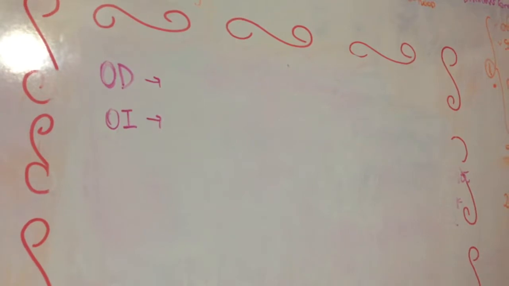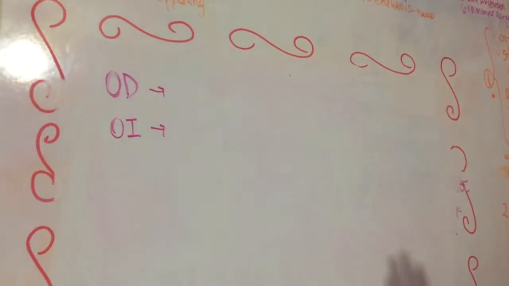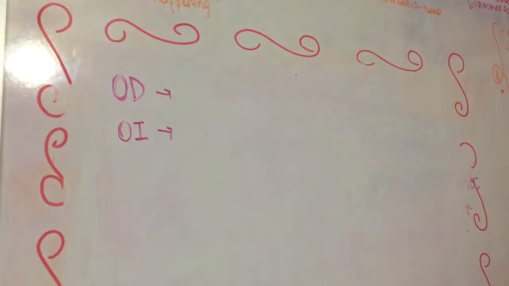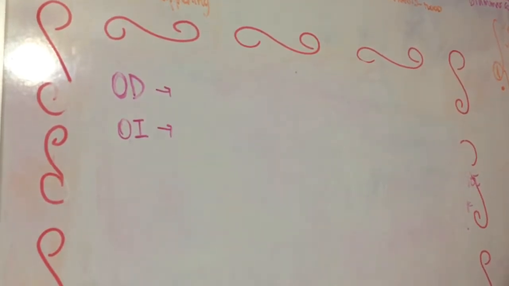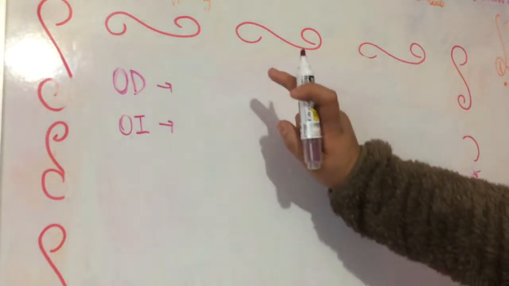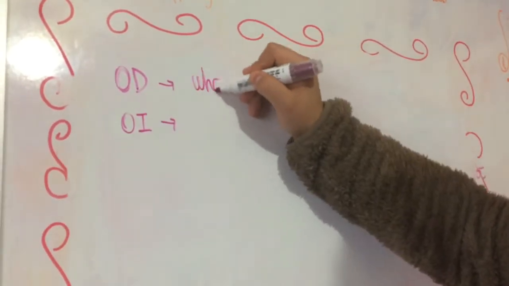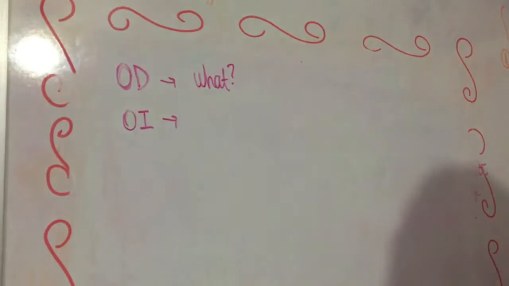The difference between the direct or the indirect object is very simple actually. The direct object answers the question what or whom.